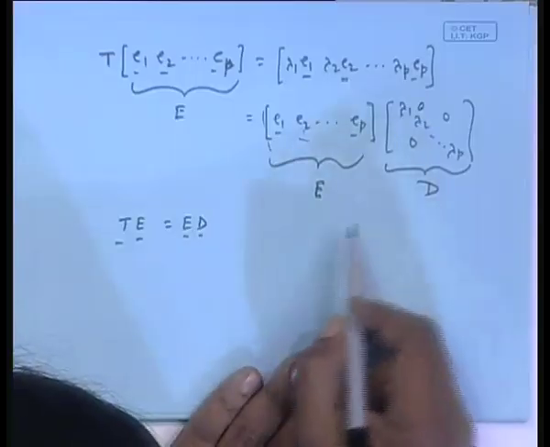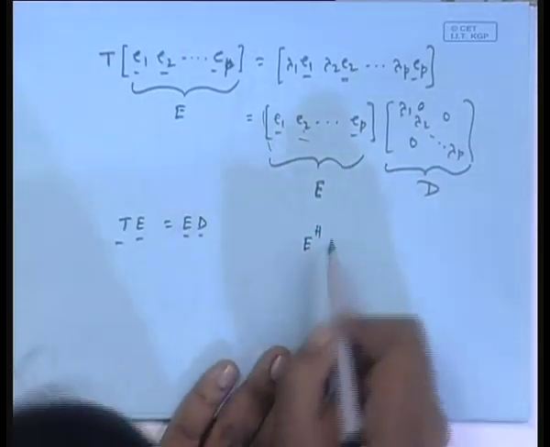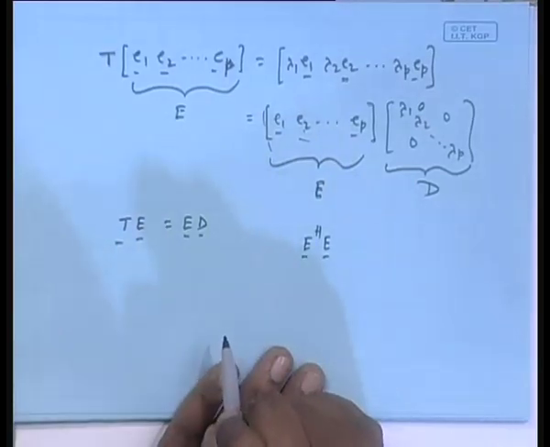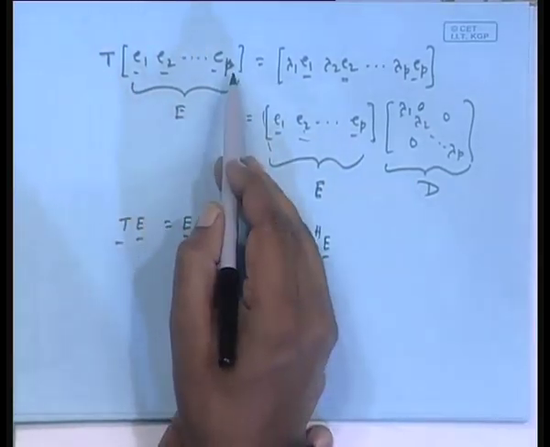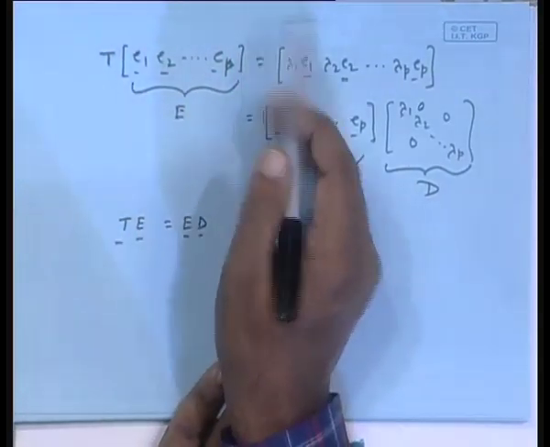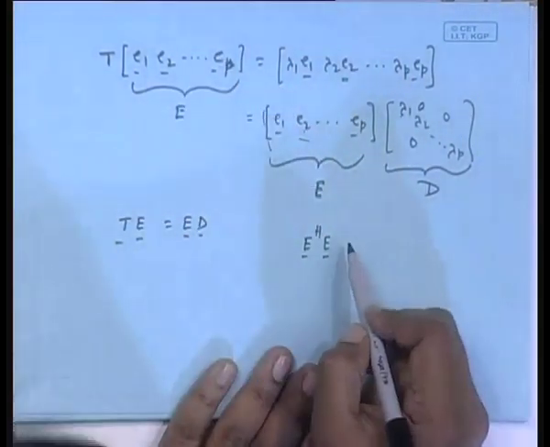So, if you take the E matrix, if you take E Hermitian into E, what will happen? You have to take the conjugate transpose of this matrix. The first column will become the first row, transposition, and then conjugate of that.